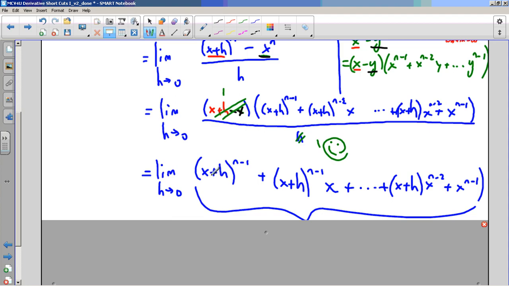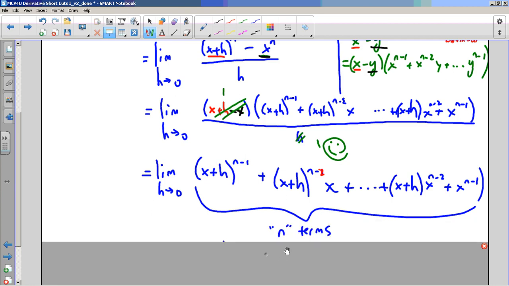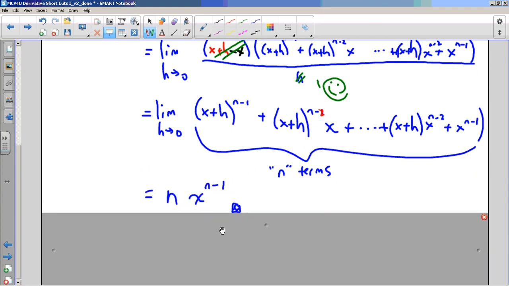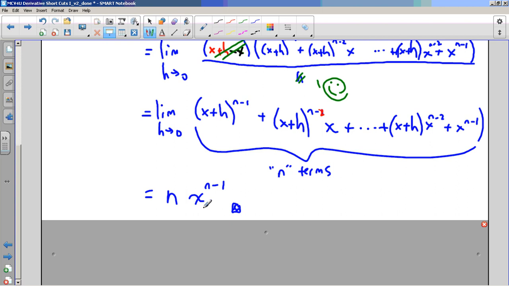I get a whole bunch of x plus zeros, to the exponent, that should be 2 there, times x, and so on, and all of these end up being x to the exponent n minus 1s. There are n of them all together, and all of them end up being x to the exponent n minus 1, because h goes to 0.